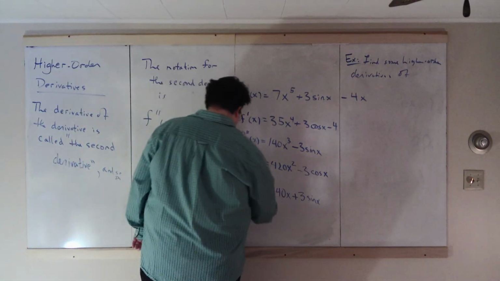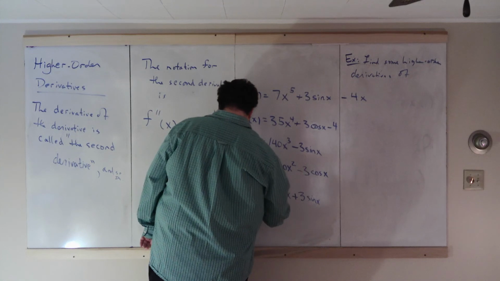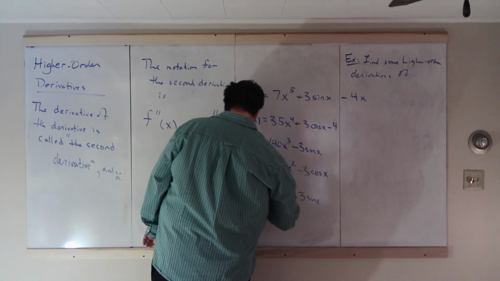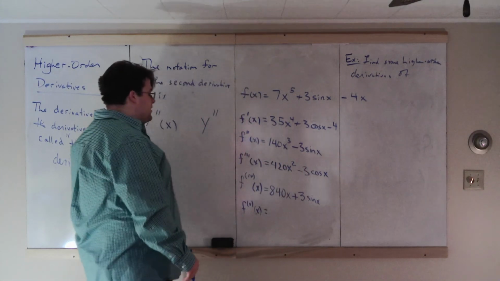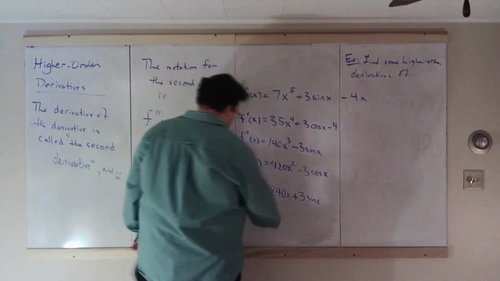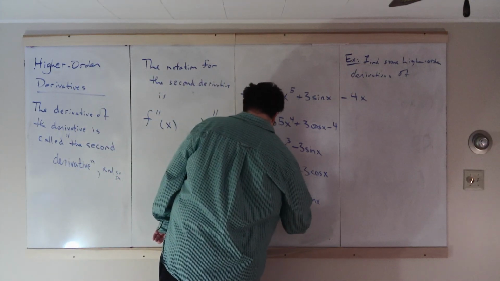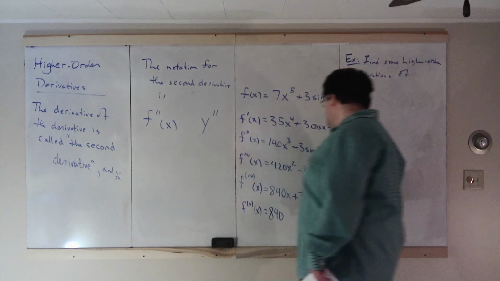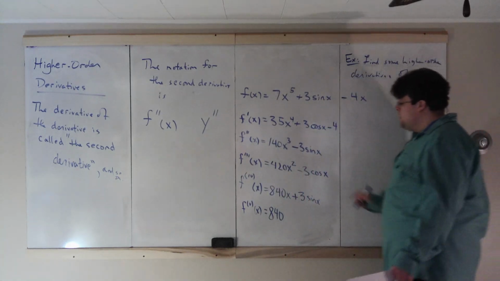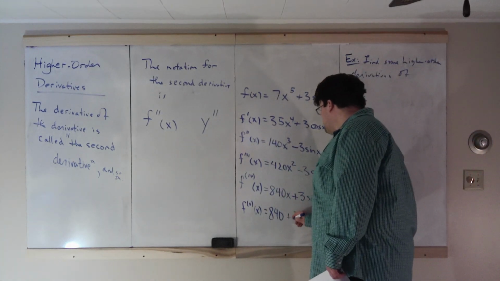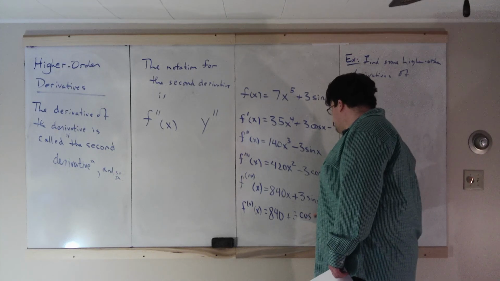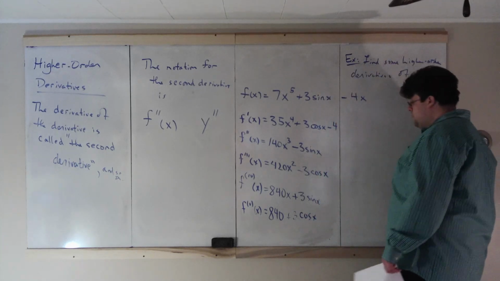Let's find the fifth derivative. Well, 840 is a constant, so the derivative of 840x is 840. Derivative of sine is cosine, so we have positive 3 cosine. Let's do another.